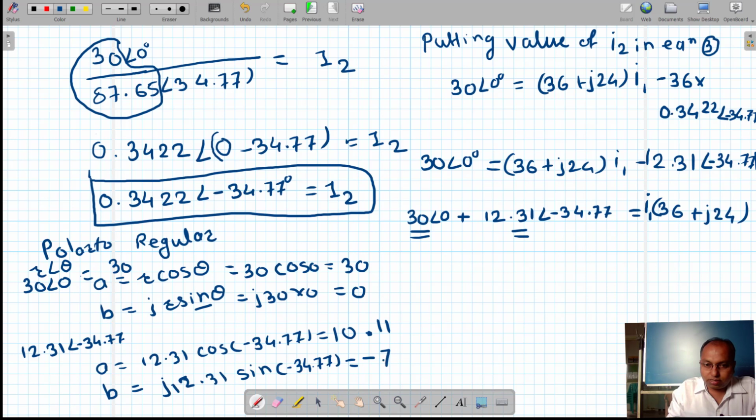So this is represented in the form of 10.11, sorry, it is going to become minus, so 10.11 minus j7.020.